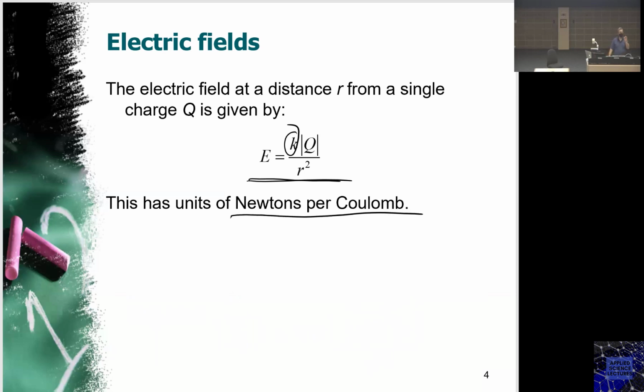So a single point charge is able to generate an electric field in its surroundings.